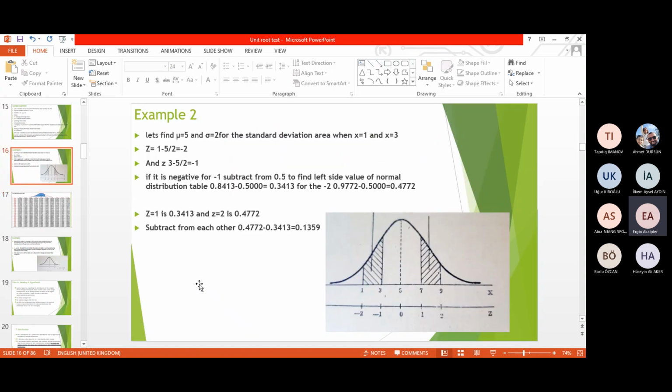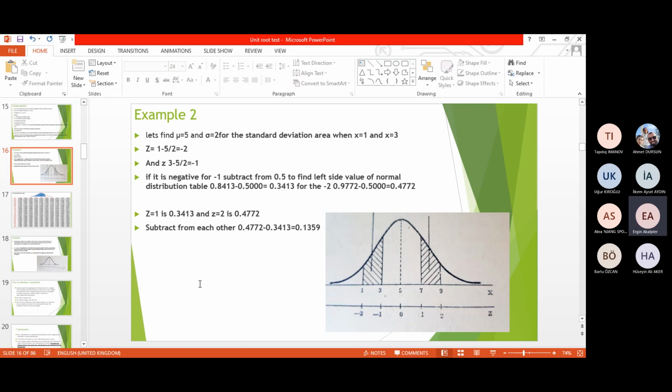And -2 is going to be, then 1 is 0.8643. Then you're going to subtract it as you are observing here. Then you will get 0.3413, which is going to be subtracted from the midpoint, the so-called bell shape center. 0.8413 will be subtracted from the 0.5. Then this gives you the left side, which is 0.3413.